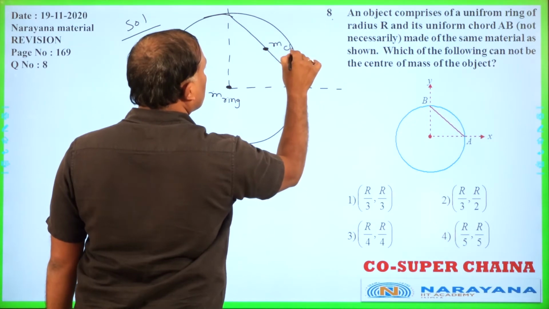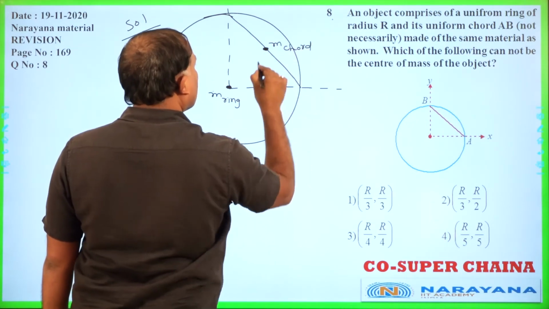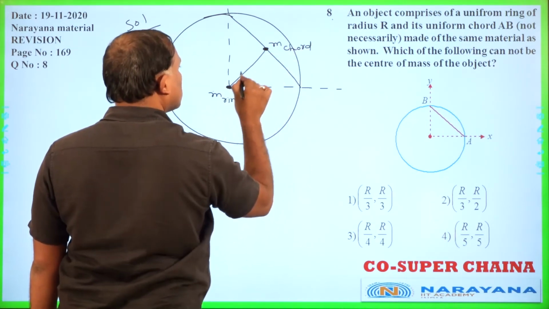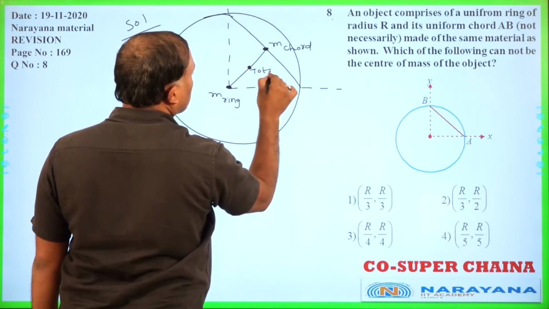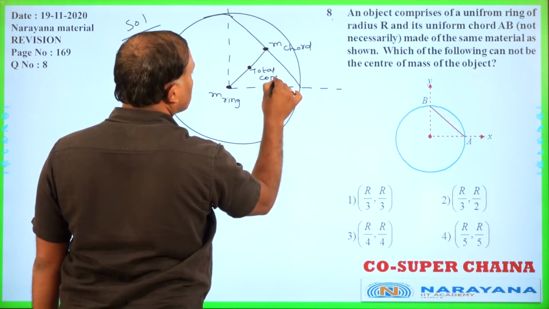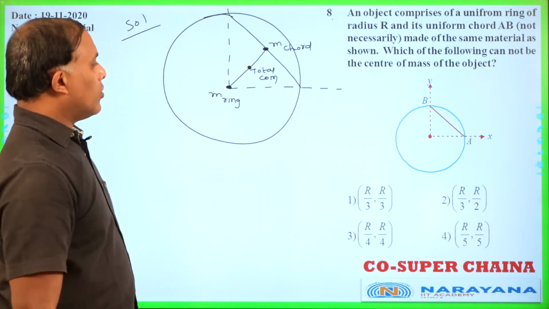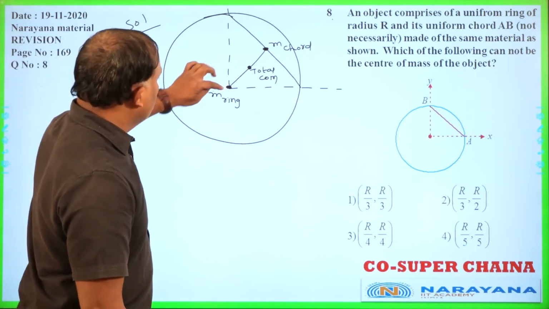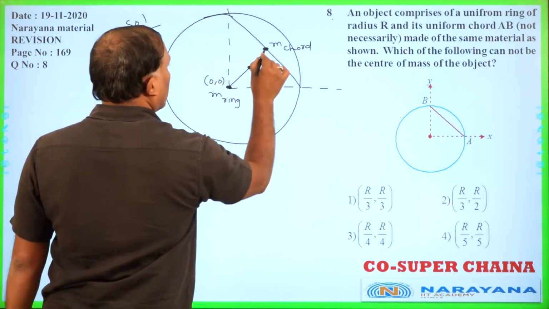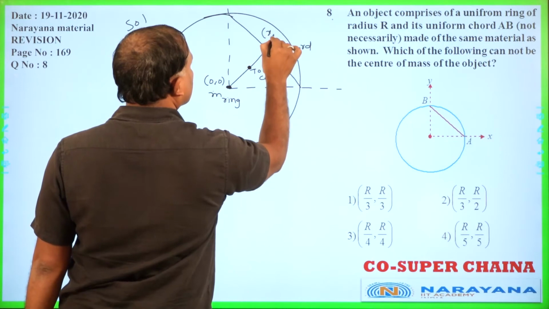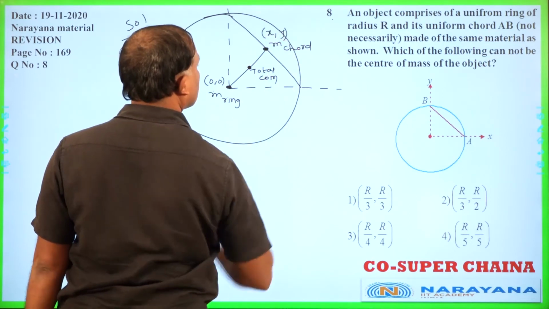Then the center of mass of these two will be somewhere here. Total center of mass, here it is. Definitely this is 0, 0, and here it is x, y.